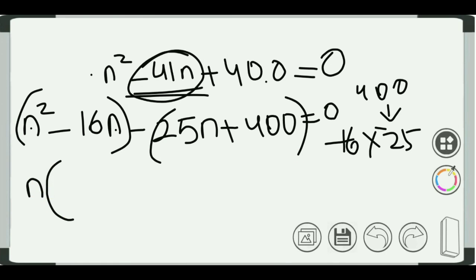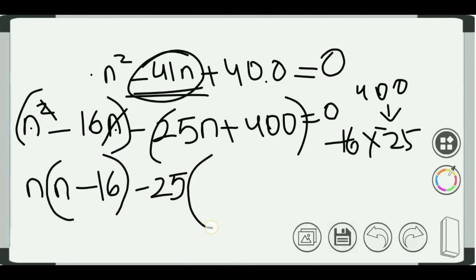I have taken n outside, so when I take one n outside, one more n is there. n minus, I have taken this n outside, so minus 16 is there inside. Now I am taking minus 25 as the common outside. So if I take minus 25 outside, what is there? n. Here also I have taken 25 outside. 25 into what is 400? 25 into 16. So 16 will be there inside.